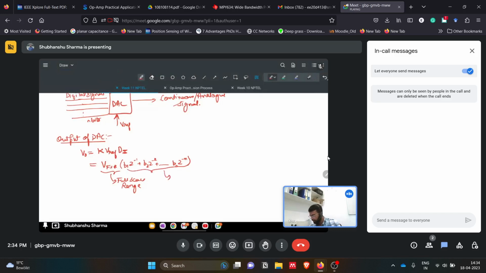This is the digital input. This is the MSB, the most significant bit, and this is the LSB, the least significant bit. And the values of B1 to Bn are 0 or 1, because we know that digital inputs are either 0 or 1.